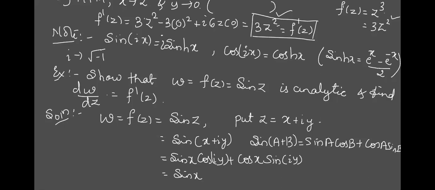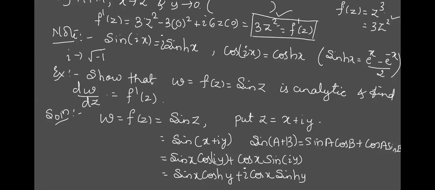This x may be x, y, or whatever it is. So it is cos hyperbolic y. Plus cos x, no change. Can you tell me what is sine of iy? i sin hyperbolic y. Very good. So I will come here and write sin hyperbolic y.